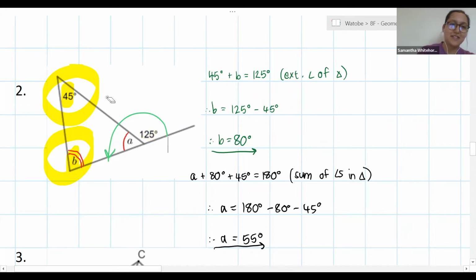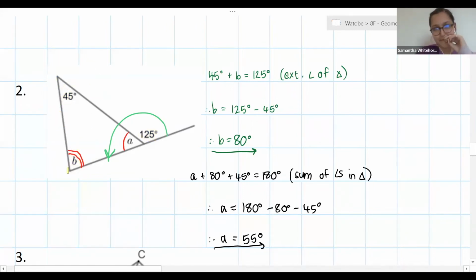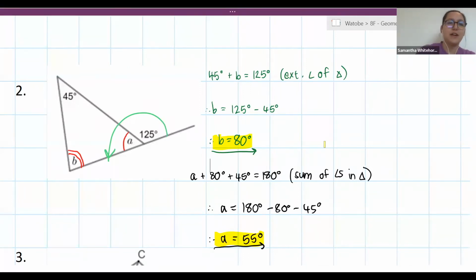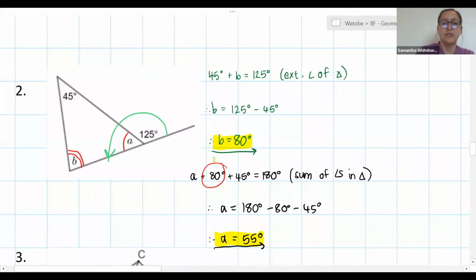Okay, ma'am. Thank you. Hello, ma'am. Hi. Ma'am, how do you get the 80 for A? A is equal to 55. Look, ma'am, it was A plus 80 plus 45. Oh, okay. So sorry. Right, I'm now on the same page as you. So this 80 over here.